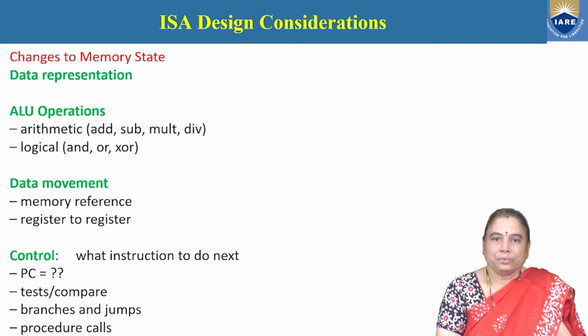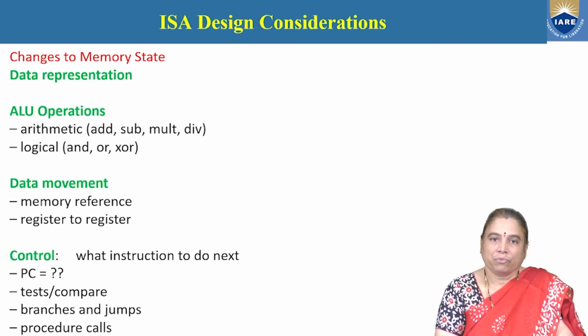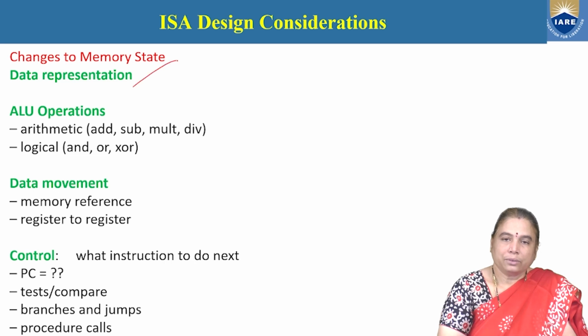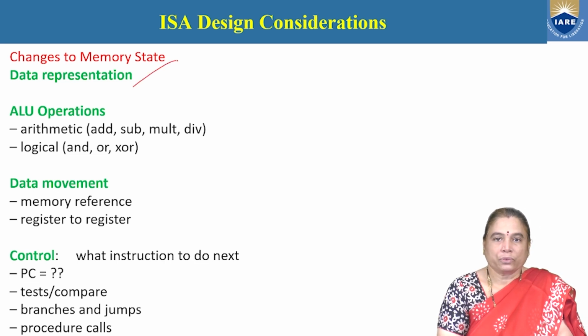What are the design considerations? So these instruction set formats, instruction format, data format can change the state of the memory. So data representation can be considered. And here the instruction format addressing modes can be considered as a major design consideration. Next, the ALU operations. Here, variety of instructions can be used in the instruction set, like arithmetic, logical, shift.